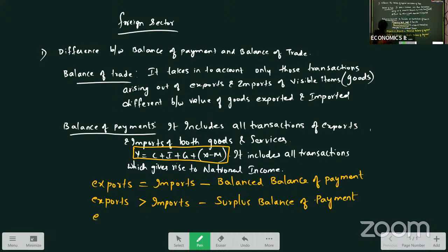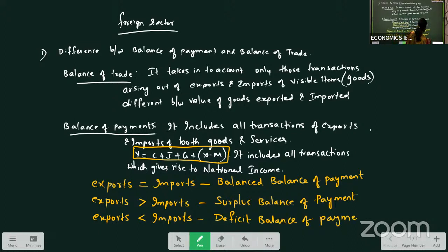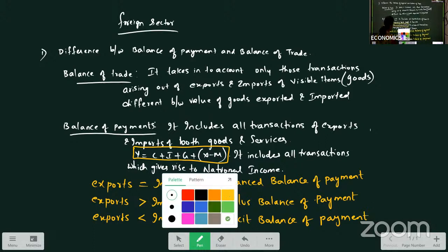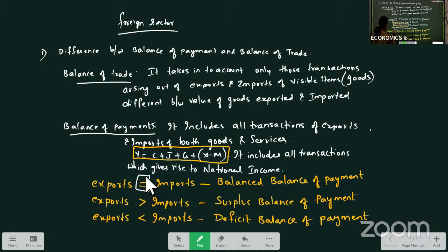Next, when our exports are less than imports, our export values are less than our imports. That means when we are exporting, income is less, but importing expenditure is more. So we call it a deficit balance of payment. So remember here, when our exports are equal to imports, we call it balanced.